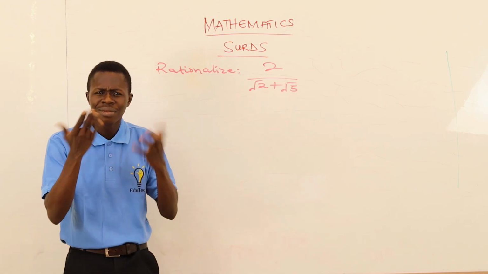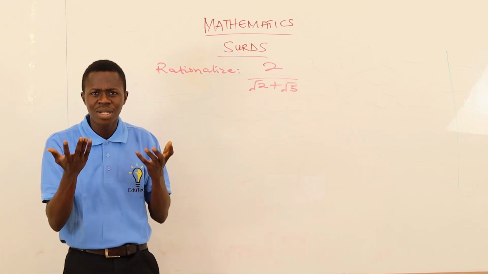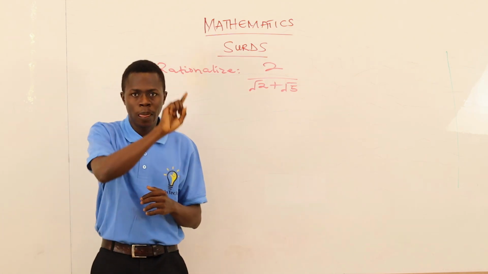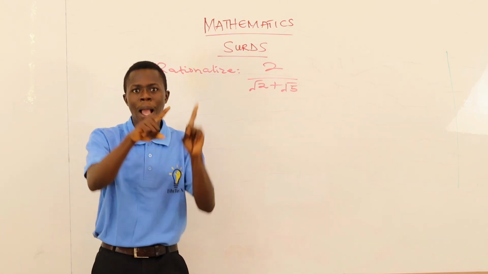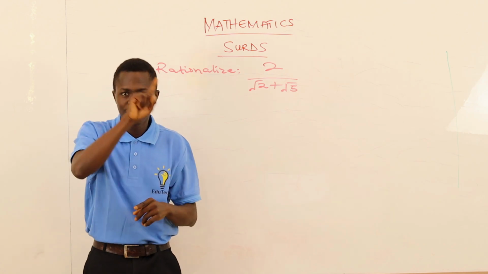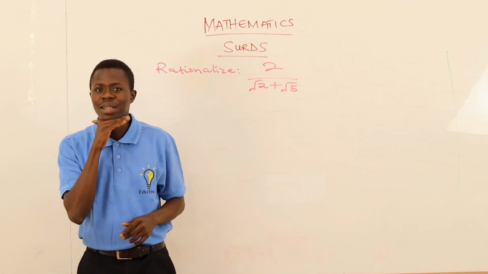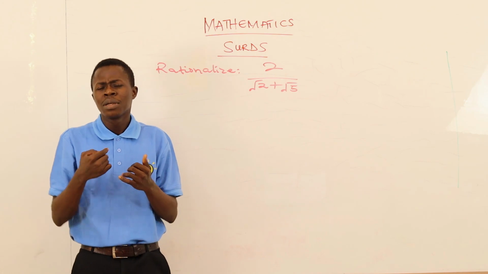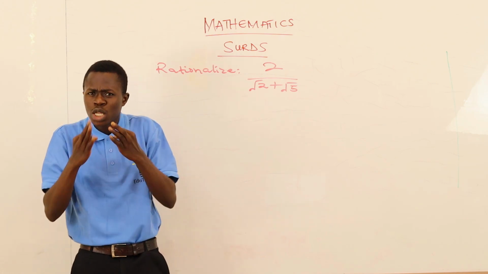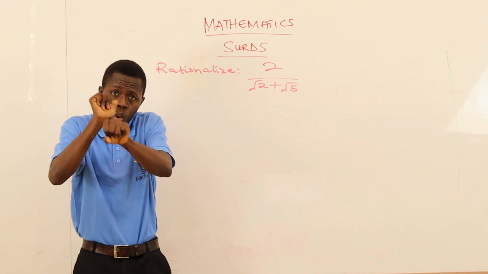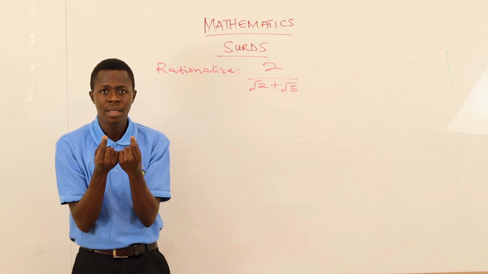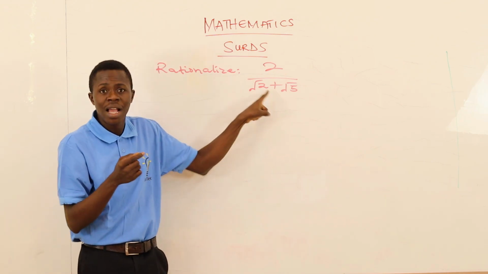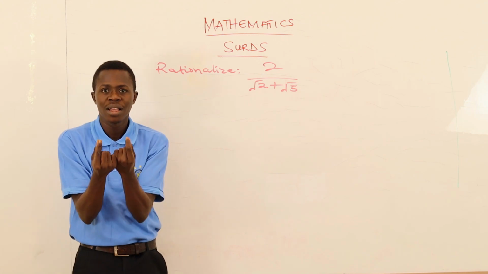With the example we have, what do you see? Yes, you see that we have square root of 2 plus square root of 5 as a denominator, right? Okay. Now, if you want to rationalize this particular expression, how do we go about it?